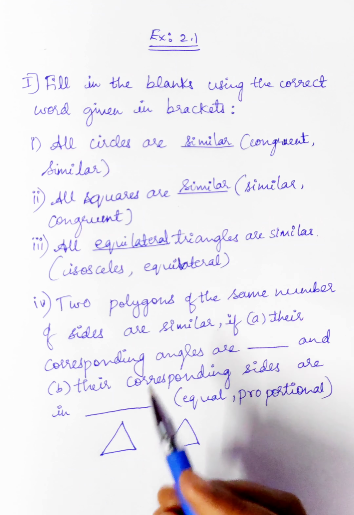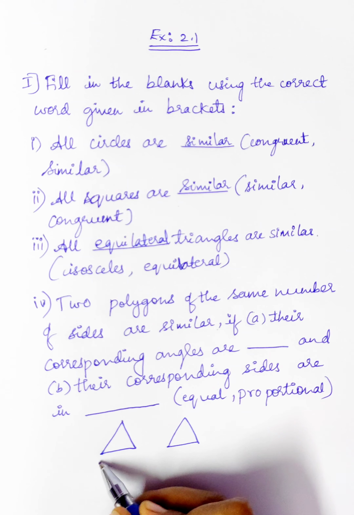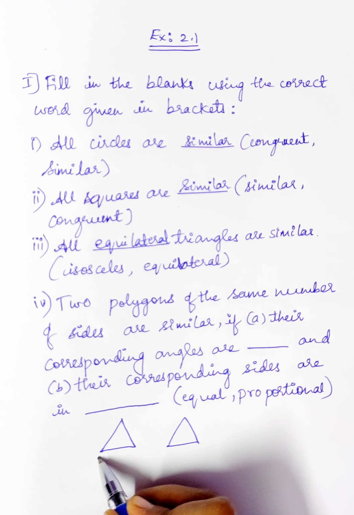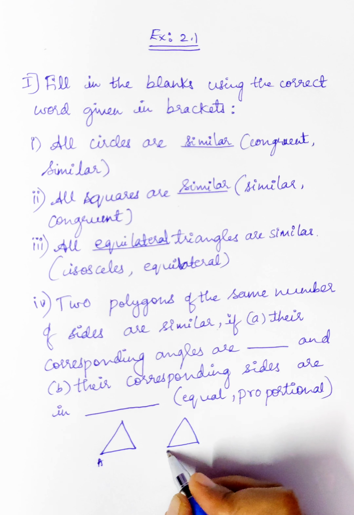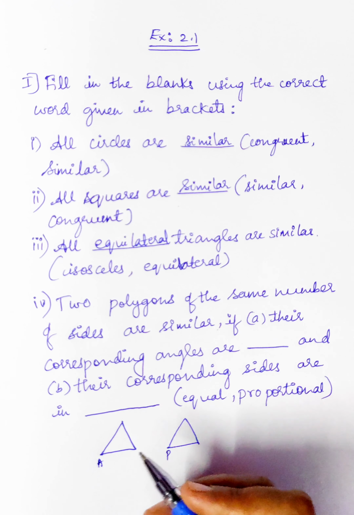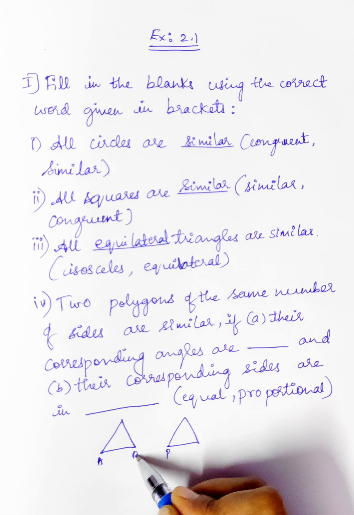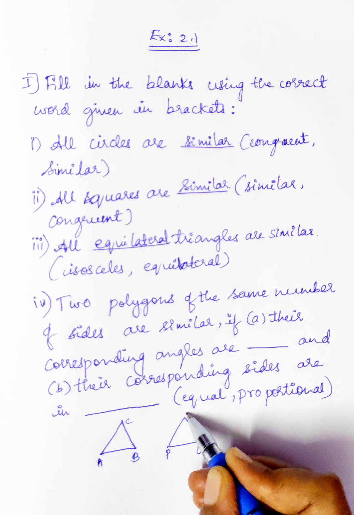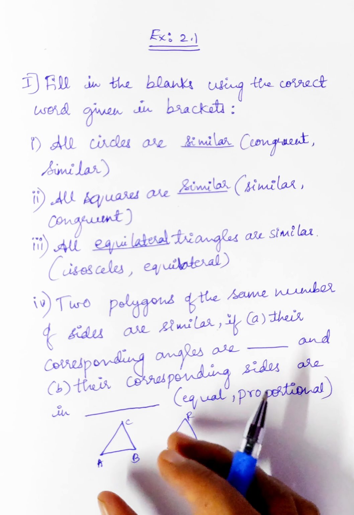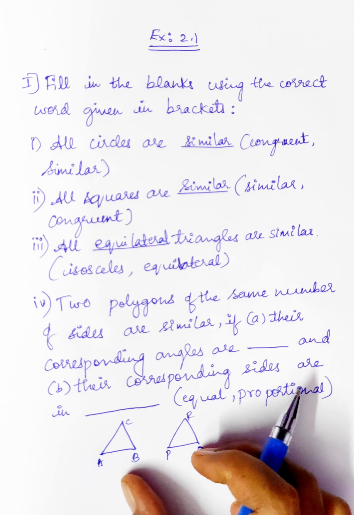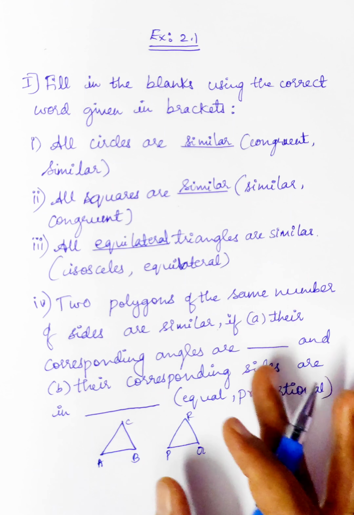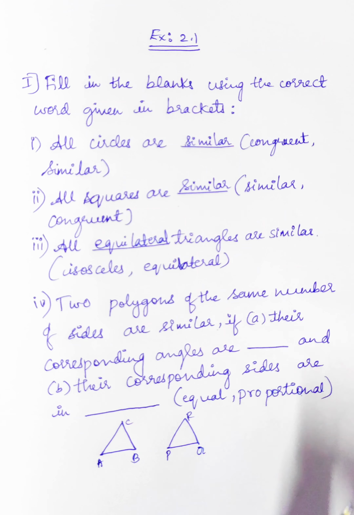Now what is corresponding? Now if we take the angle as A and here as P. I will take it as A, B, C here, P, Q, R. See, I am drawing this figure to explain what is meant by corresponding angles and corresponding sides, which is very important to know.